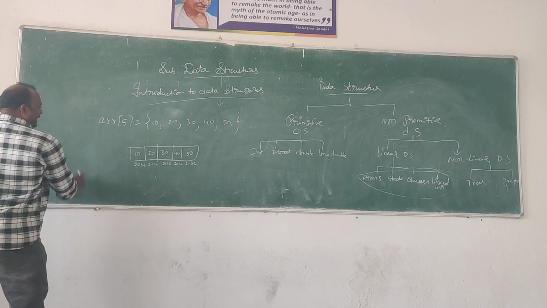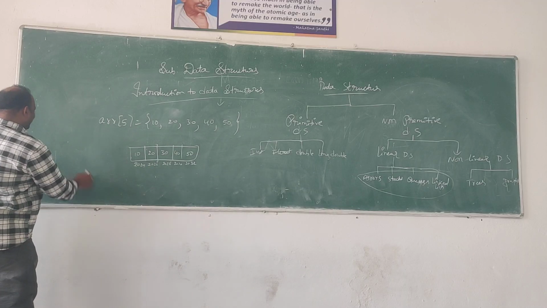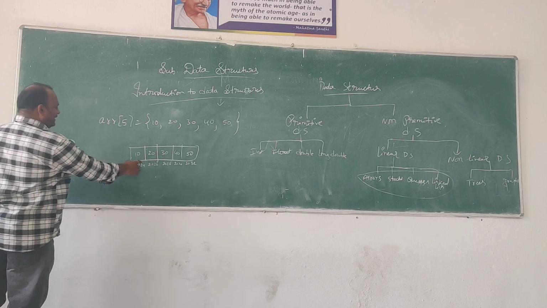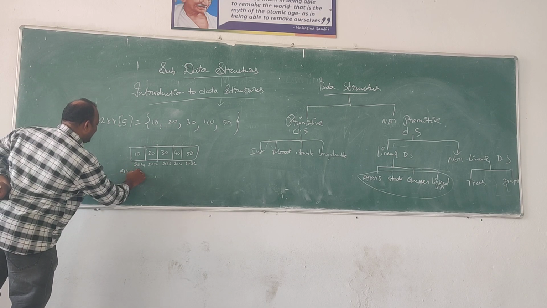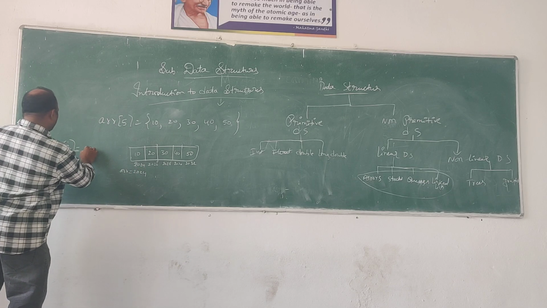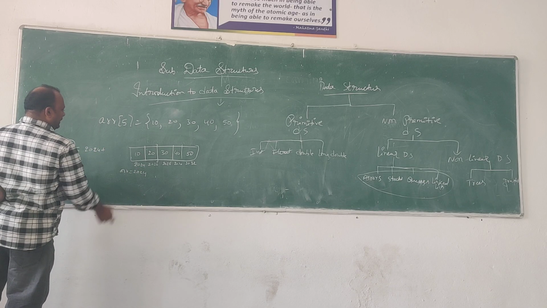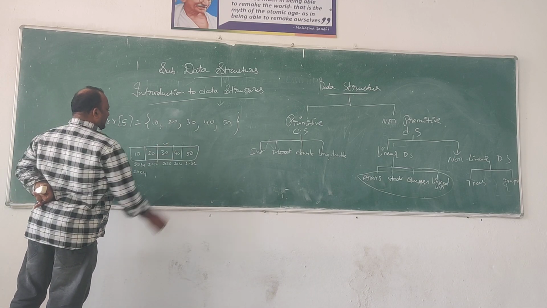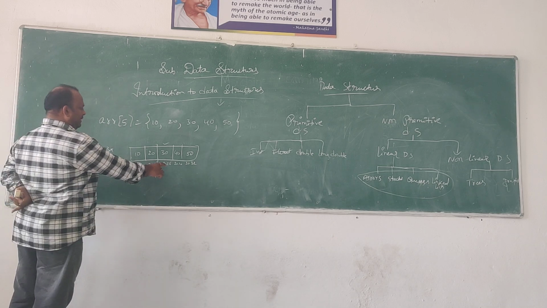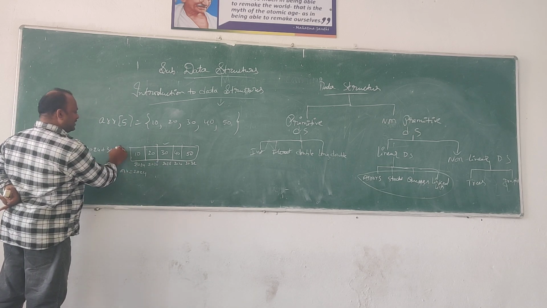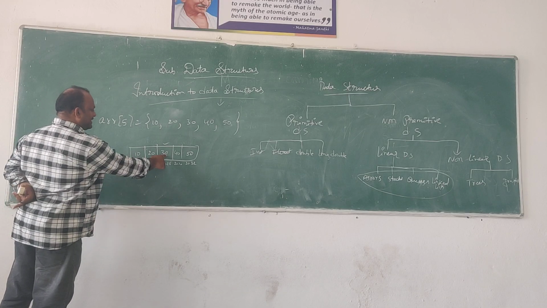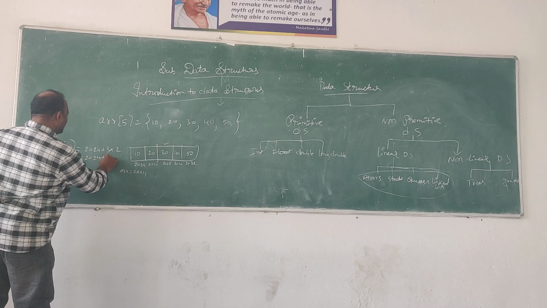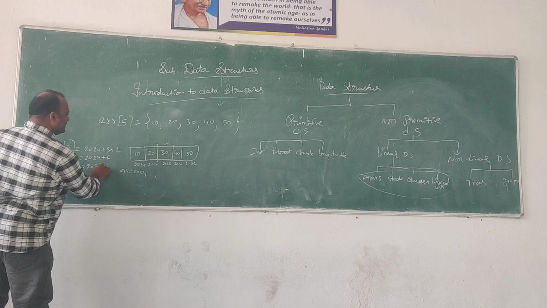Here, if I want to search the element ARR of 3, we can write: the array base address is 2024, plus 3 into the size of each element. The size is 2 bytes, so 3 into 2 is 6. 2024 plus 6 is 2030.